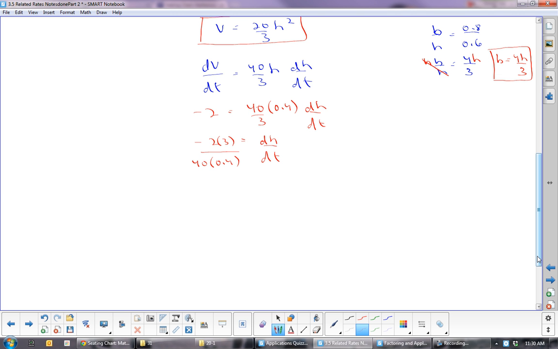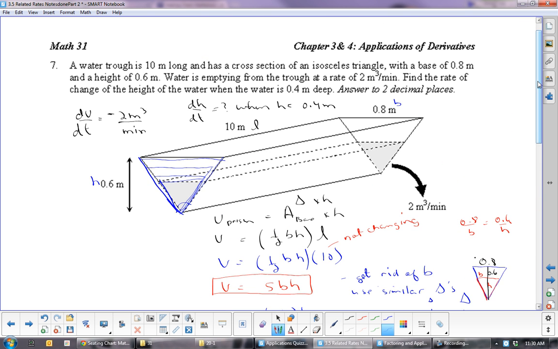And this would work out to be negative 3 over 8 equals dH over dt, or negative 0.38. Answer to 2 decimal places up here.